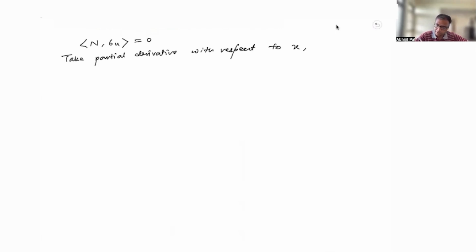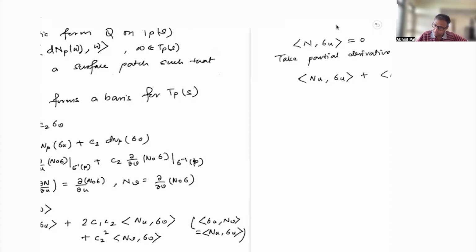Okay, so what we'll get? The inner product of N_u with sigma_u plus the inner product of N with sigma_uu is equal to 0. Okay, so this sigma_uu exists.